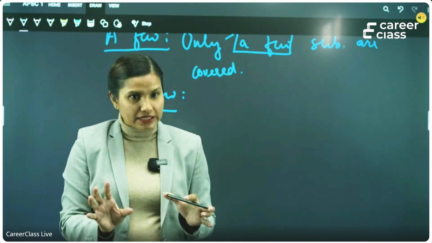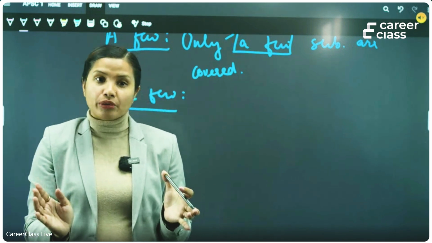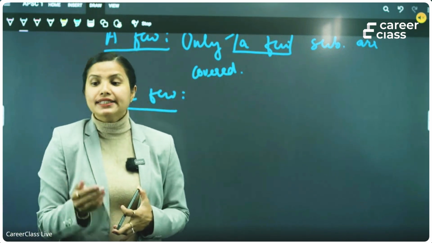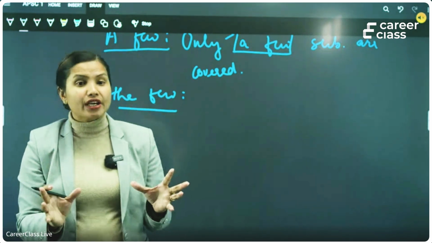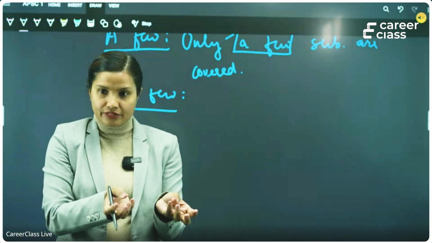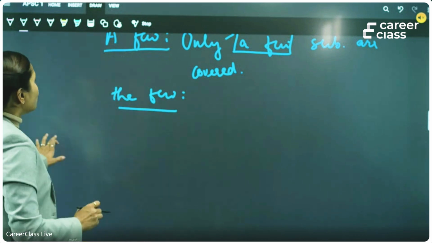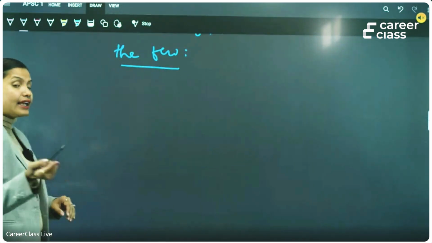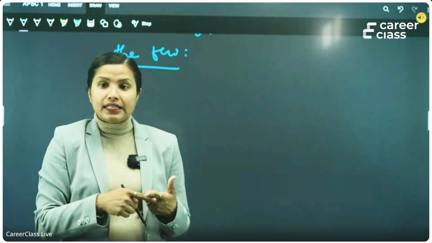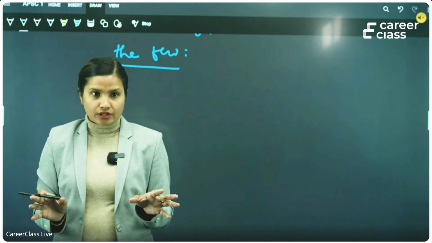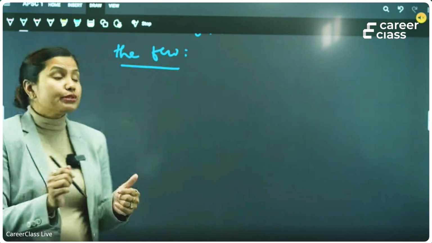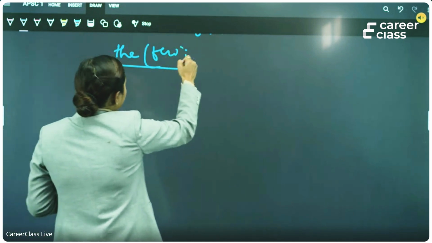The few, they were little, but it was the entire amount. When we say the few, we express the entire quantity, but it is little, of course. So what is the difference between few and little?